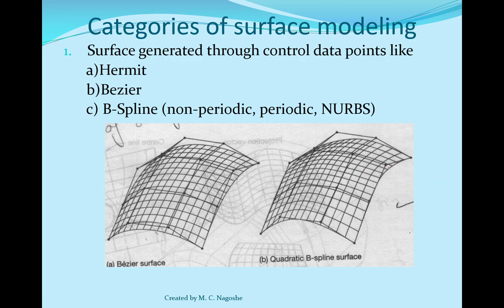Here, 8 plus 6 is 14, 14 minus 12 is 2, and 2 equals 2. Since this equation is satisfied, it is a valid solid model. This decides whether the model is solid or not.